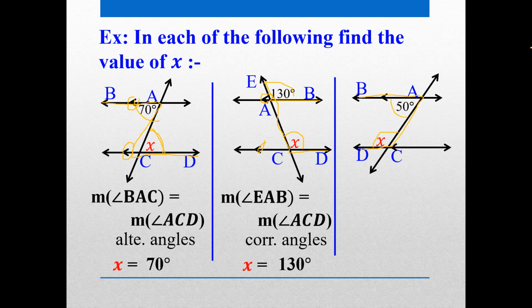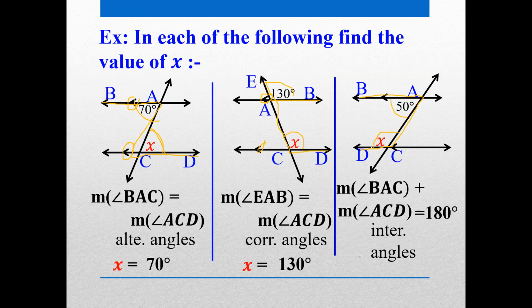Their sum is 180 degrees. So if one of them is 50, the other will be 130 degrees. So measure of angle BAC plus measure of angle ACD equals 180 degrees. So x will be equal to 130 degrees. The two angles are interior angles.